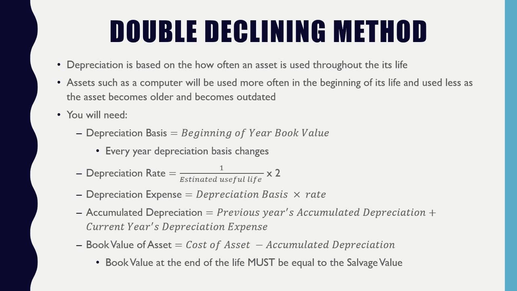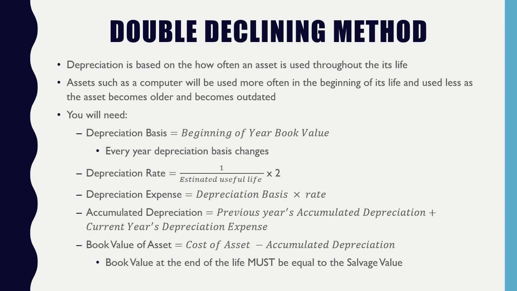Okay? And then accumulated depreciation. Accumulated depreciation and your book value, these two formulas are always going to stay constant. They'll never change throughout any single method that we learned today.